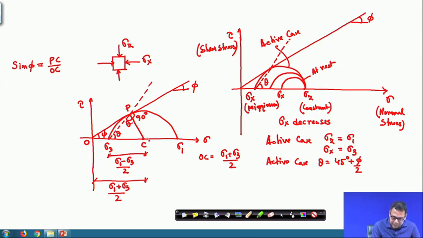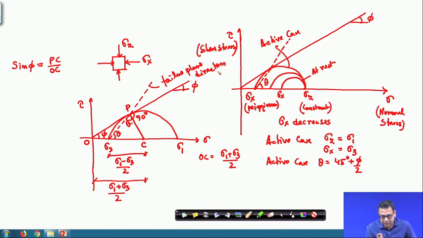This is Pc and this is Oc, because this total angle is 90 degree, as this is the perpendicular line on the failure envelope. So, sin phi is Pc by Oc, and as I mentioned, this is the failure plane and the direction.